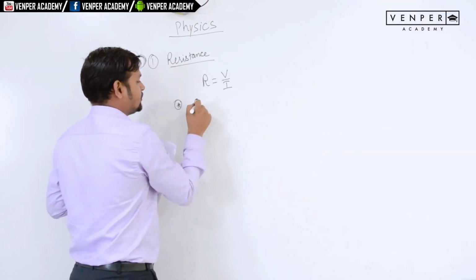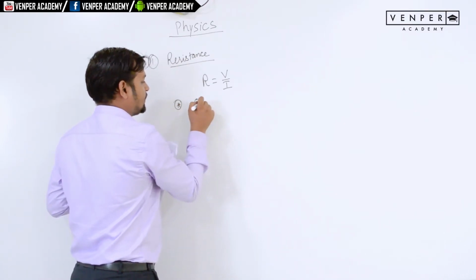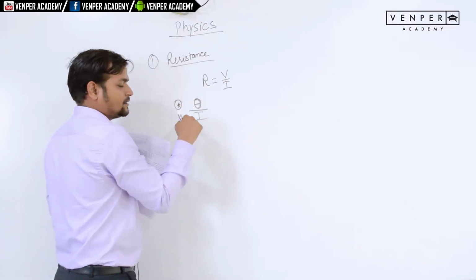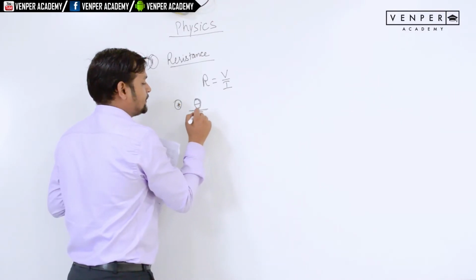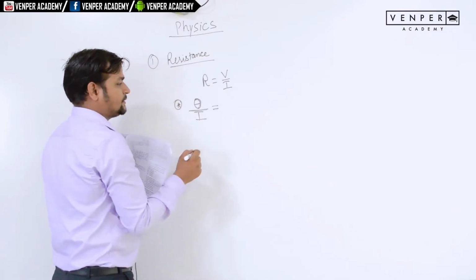Current sensitivity means what? How much current is flowing, what is the deflection in the galvanometer when unit current is flowing. Clear?